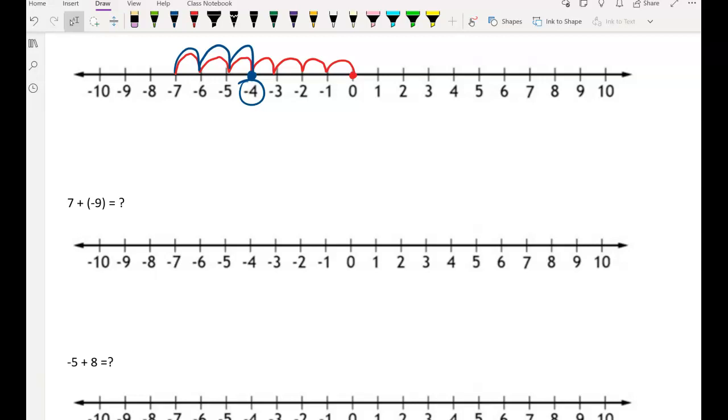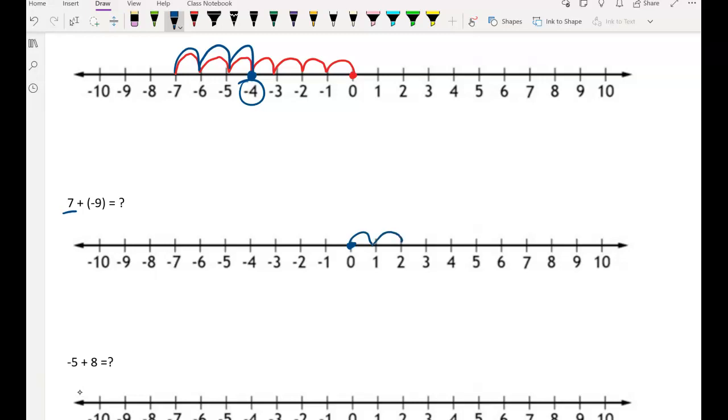How much is that? Okay, well remember, we always start at 0. Now, I like to use red for my negative numbers. It's a personal thing. I'm going to use blue for my positive. Okay, so always start at 0. And my first number is positive 7. So I'm going to start off by going to 7.